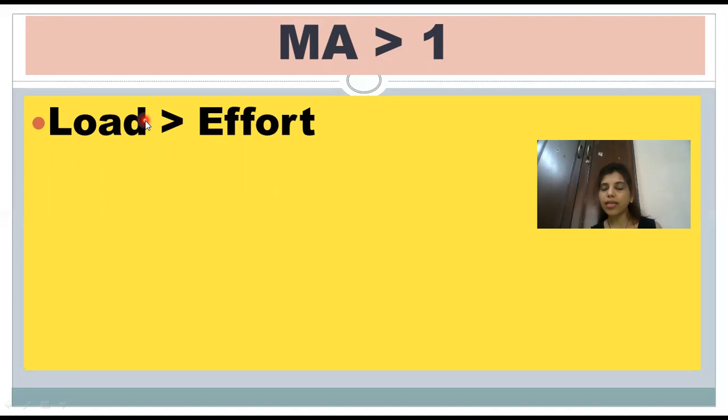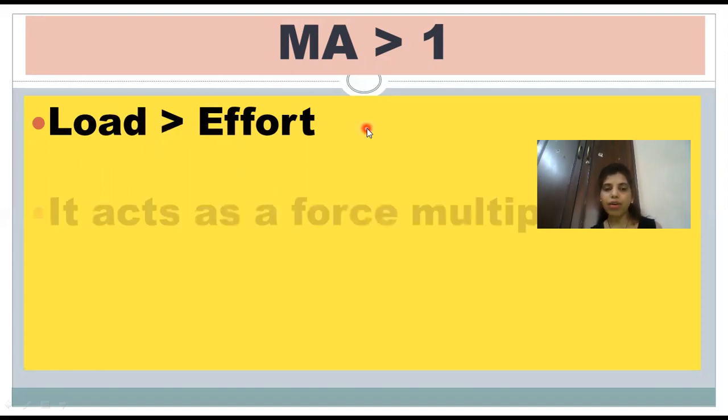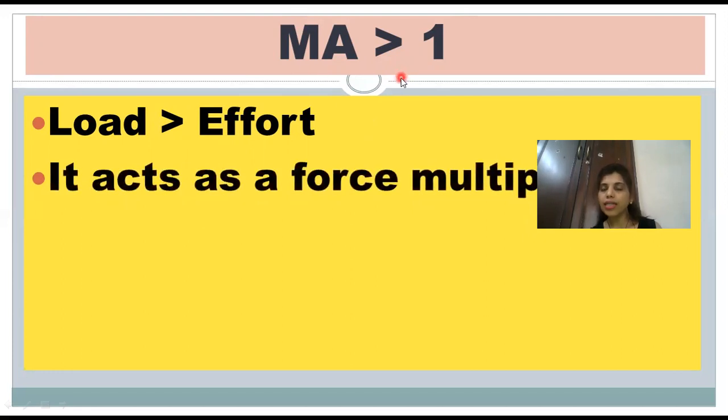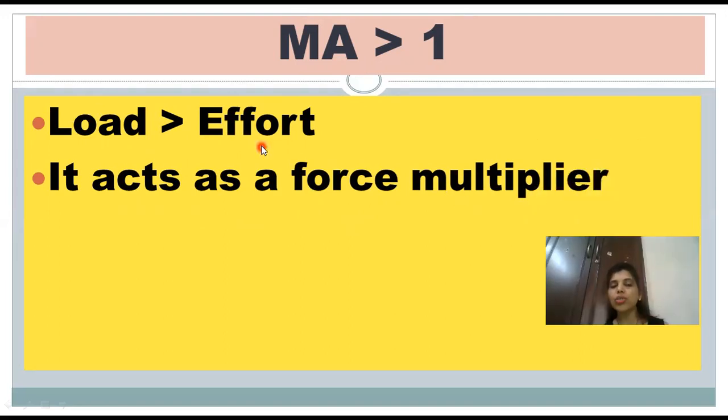If load is greater than effort, then only mechanical advantage is going to be greater than 1. If it is greater than 1, the machine acts as a force multiplier, because the load is greater and the effort which you are applying is very less because of the machine, so that particular machine is acting like a force multiplier. Okay, it is helping to decrease your effort.